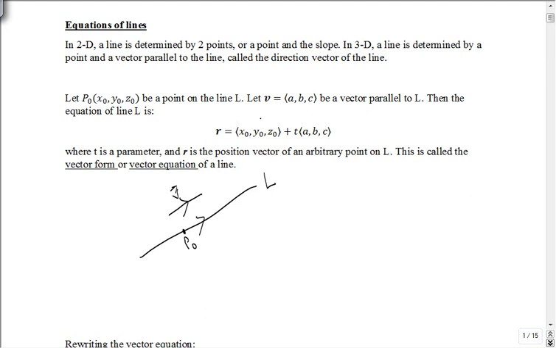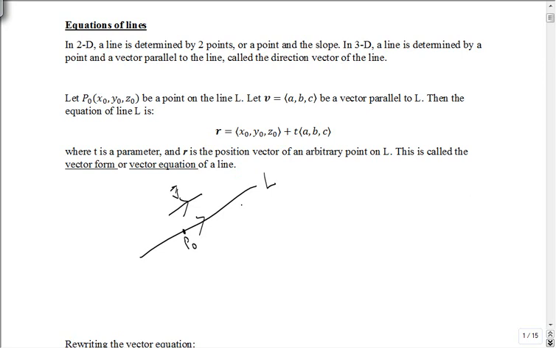R is equal to the position vector of the point P0 plus t times the direction vector of the line. t is a parameter, so t can take on any value. And as I said, R is the position vector of an arbitrary point on line L. This form of the equation is called the vector form, or the vector equation of a line.